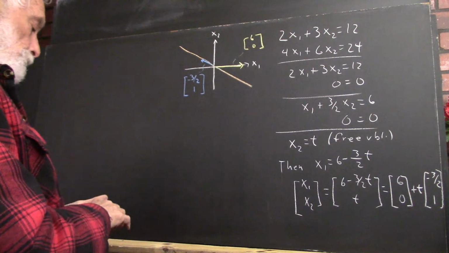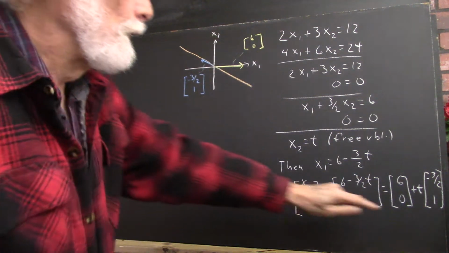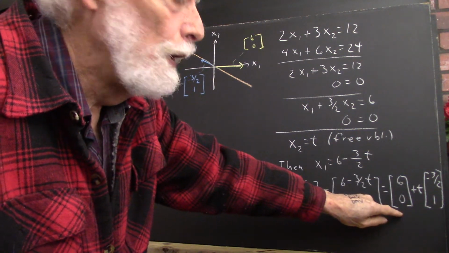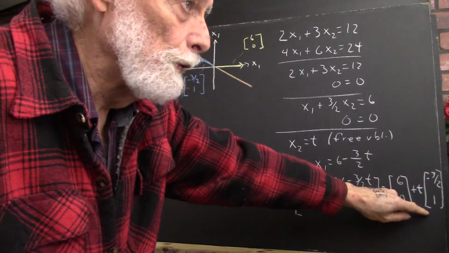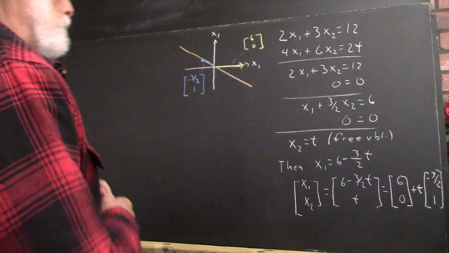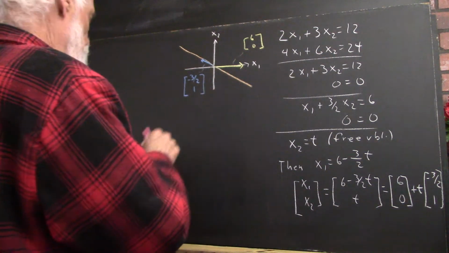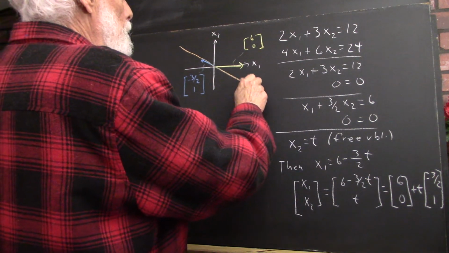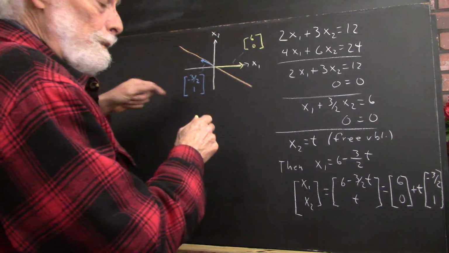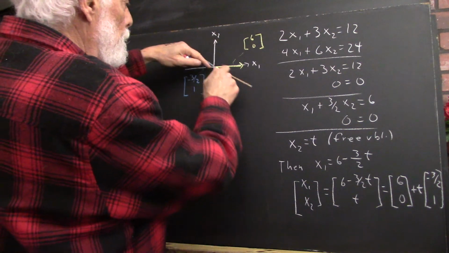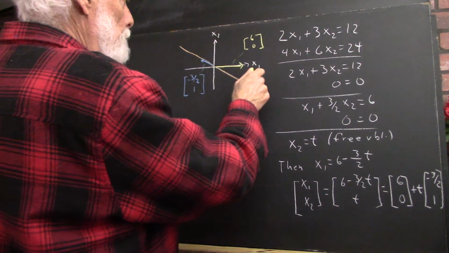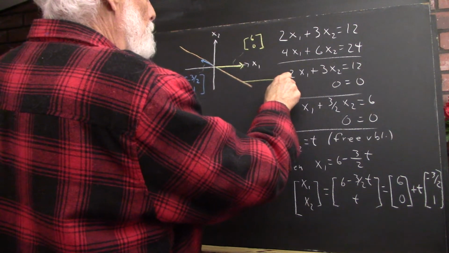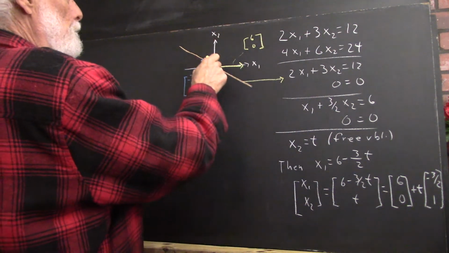The solutions of the equation are displaced by the vector 6, 0 from the vector t times negative 3 halves 1, which means you take any point on this line and it represents a vector from the origin to that point, and you displace by the vector 6, 0.